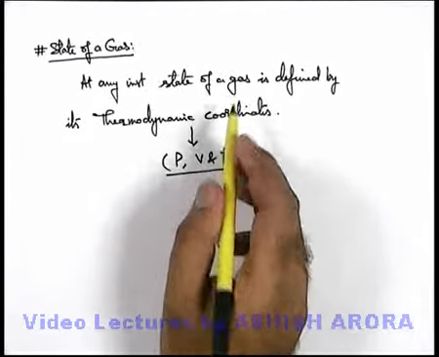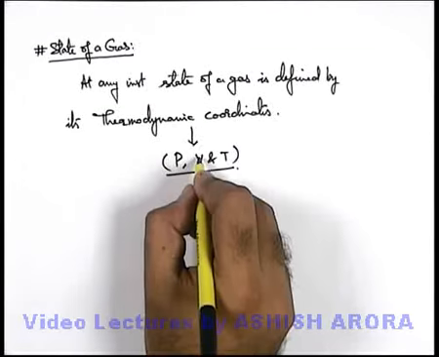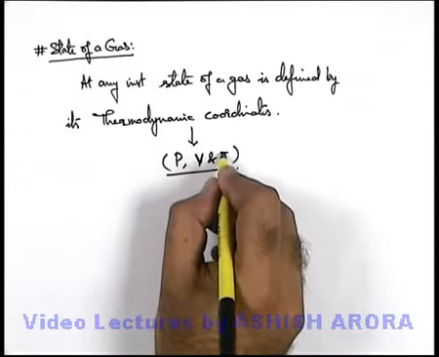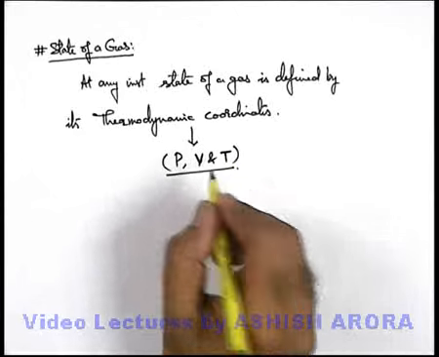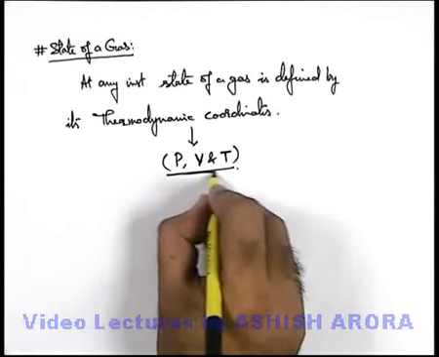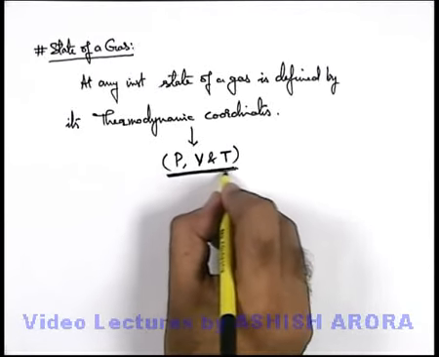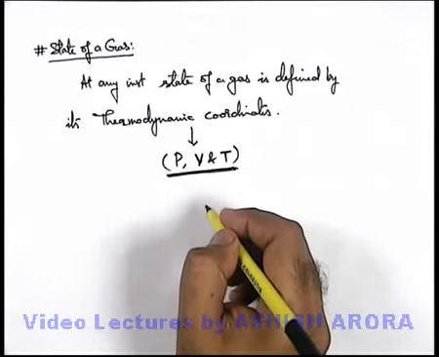At any instant when the gas is at a pressure P, volume of gas is V and its absolute temperature is T, then pressure, volume and temperature combinedly define the state of a gas.